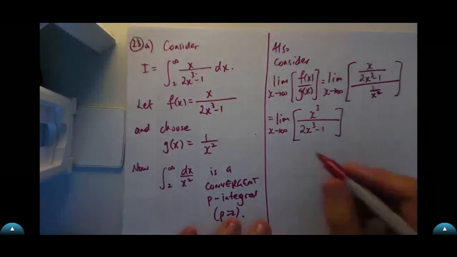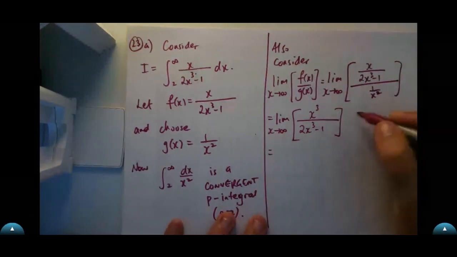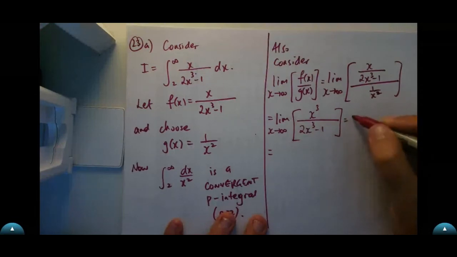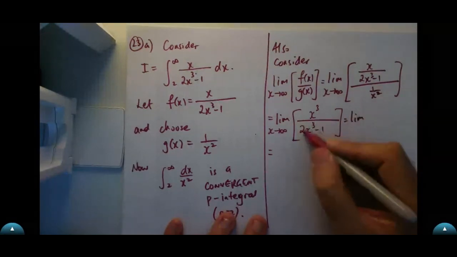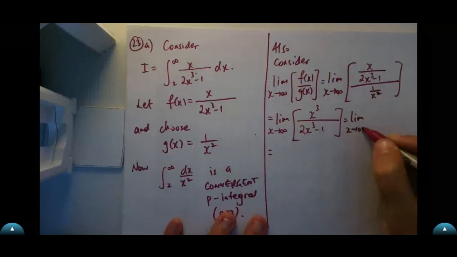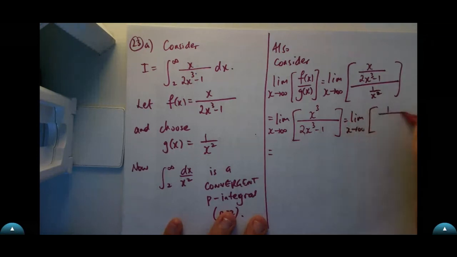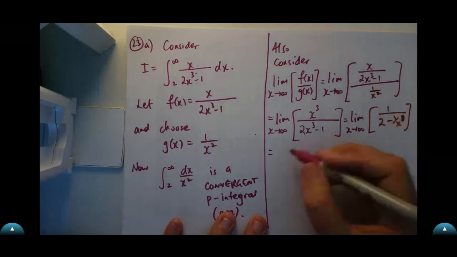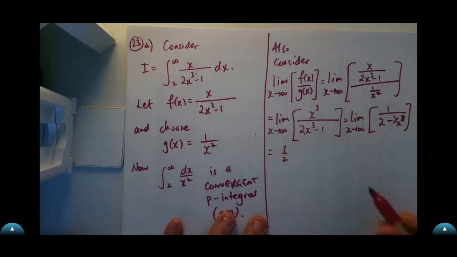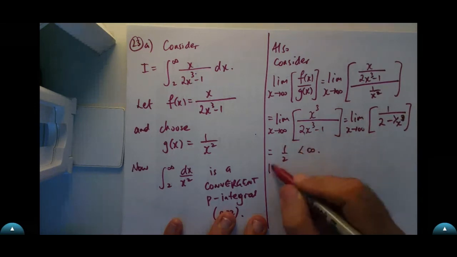Yes, Niharika. Yes. Okay. So the way you can do it, if you want to, is look at the highest power in the denominator and then divide by it. Okay. So that's going to 0 and you'll get 1/2, which is finite.